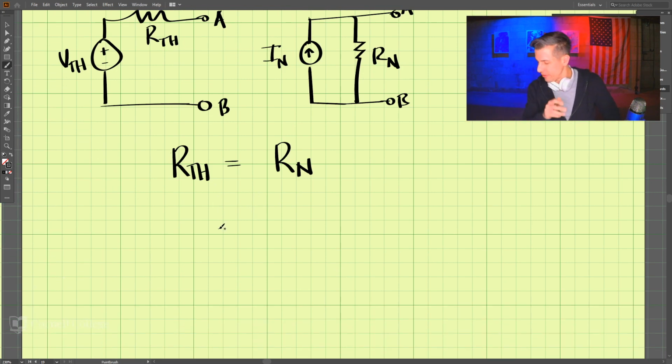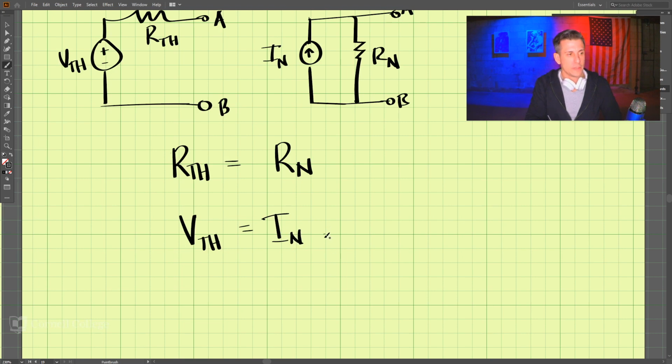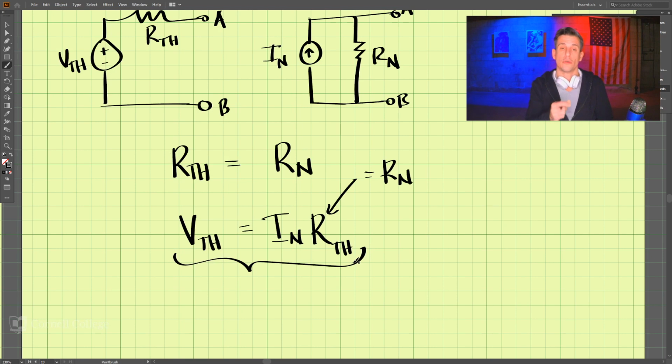Likewise, there's another relationship between these two. The voltage Thevenin is equal to the current Norton times the resistance Thevenin, which is also equal to the resistance Norton. So there is a relationship here between the two.